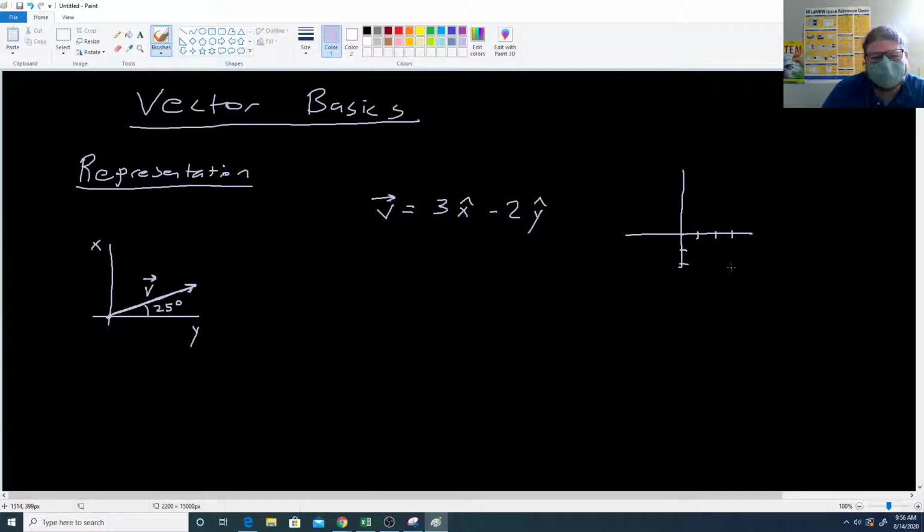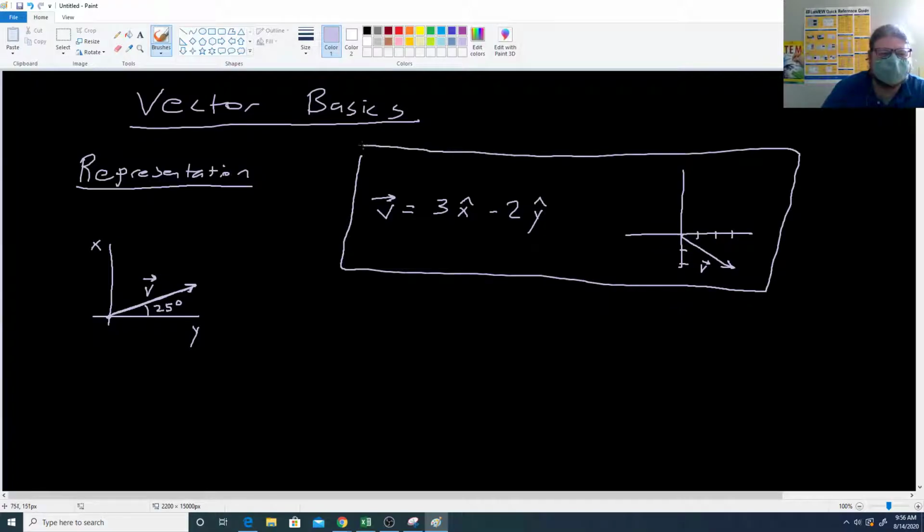This will be where the tip of the vector stops, and you would draw from the origin until you hit there. That would be our vector v we just mentioned. So you can represent it in this manner, and you're able to graph it pretty easily.